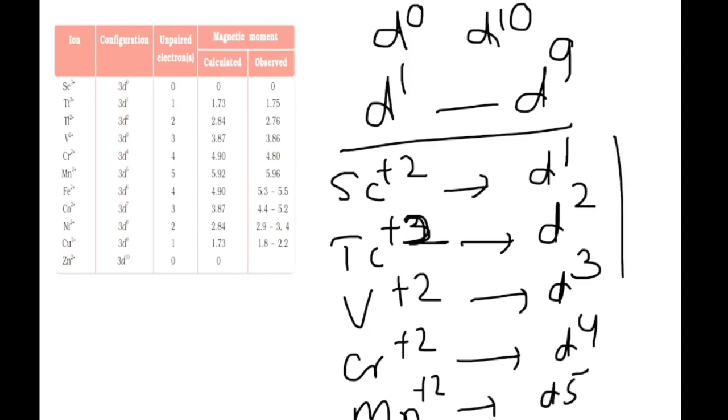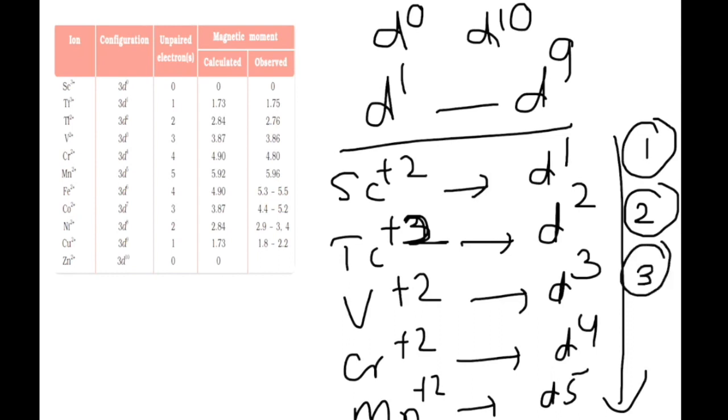Up to manganese, the number of unpaired electrons increases. Scandium 2 plus has 1 unpaired, titanium 2 plus has 2 unpaired, vanadium 2 plus has 3 unpaired, chromium 2 plus has 4 unpaired, manganese 2 plus has 5 unpaired.